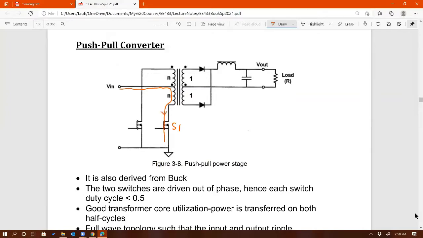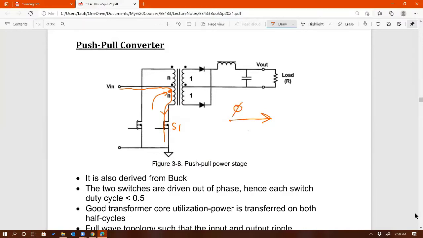If you look at the dotted terminals on top, current goes into the dotted terminal, and that's going to give us flux going in one direction. Let's say that direction is from left to right inside the core.